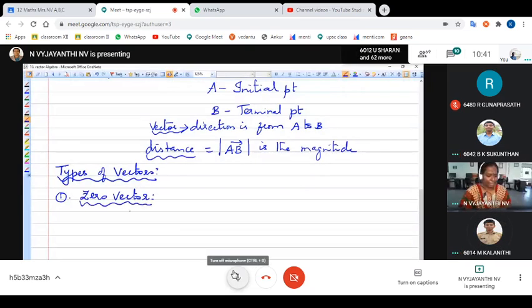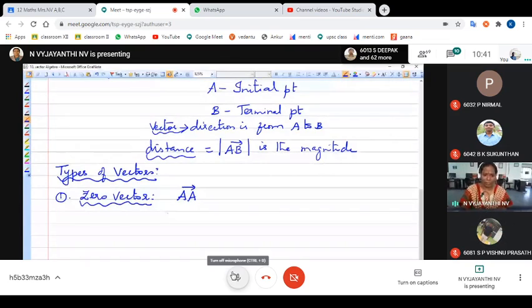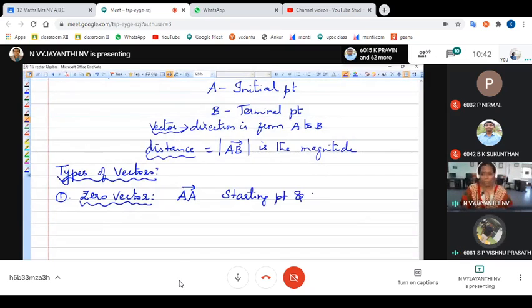Magnitude is zero. A boy starts from Amaravati Nagar and he is not going anywhere. He is still in Amaravati Nagar. So starting point and terminal point, both are equal.